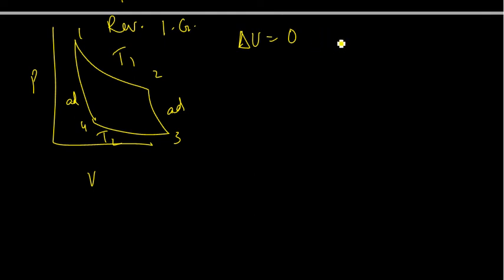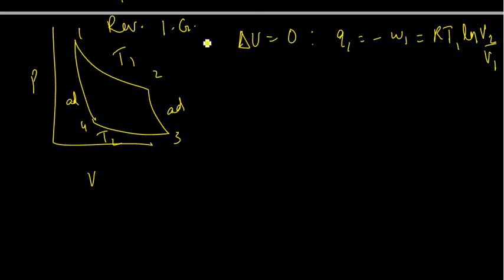So what does this give me? This gives me quickly Q1 is equal to minus of W1, and W1 we already know is RT1 log of V2 by V1.